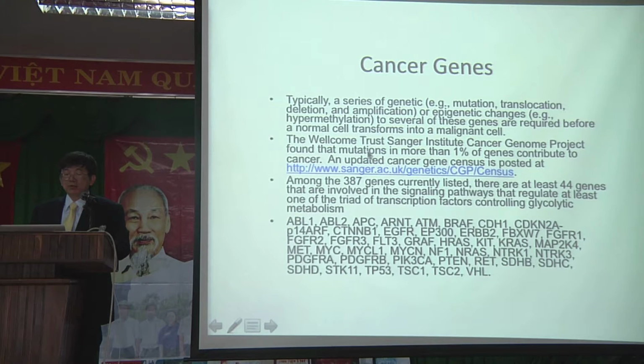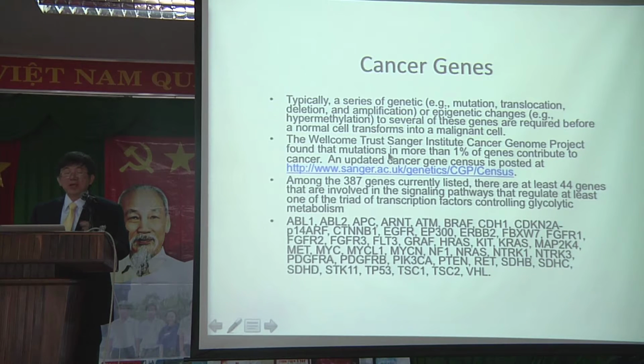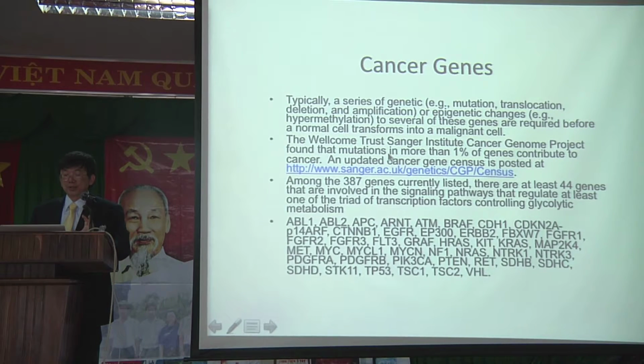And the Wellcome Trust Sanger Institute Cancer Genome Project has made a collection of so-called cancer genes. They basically made a census account of the genes that are commonly involved in the initiation process for the formation of cancer.